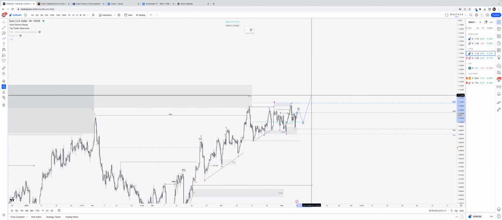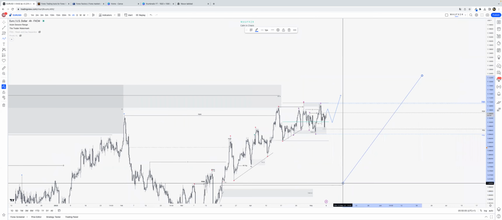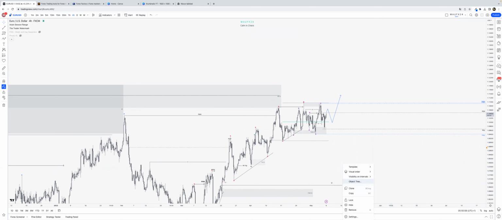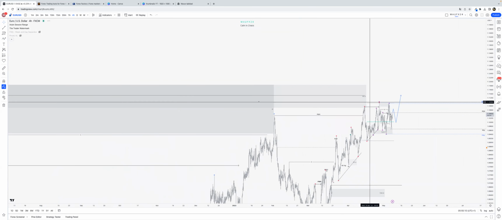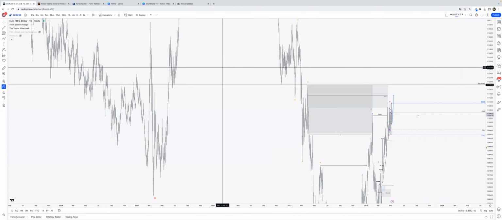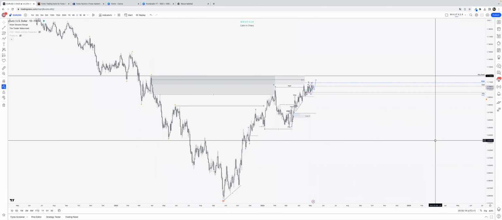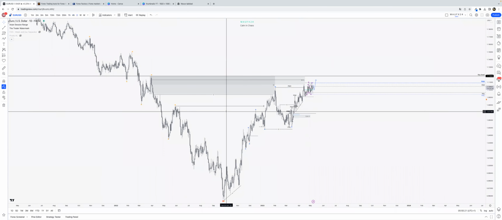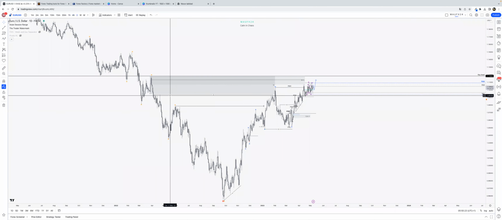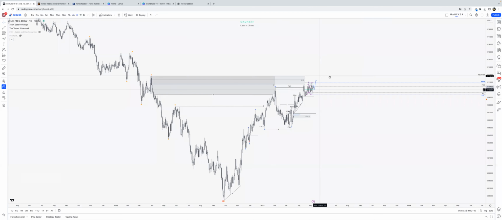We take out these highs and then check, and then we get closer to the key level marked out there.